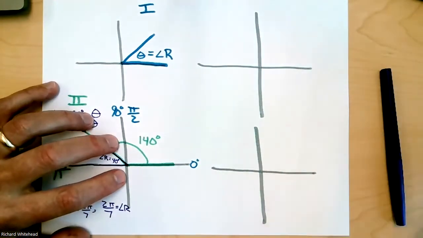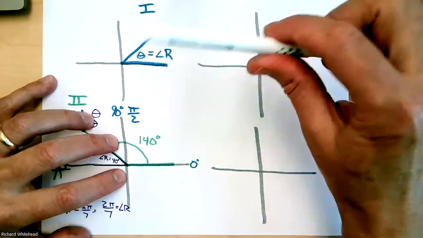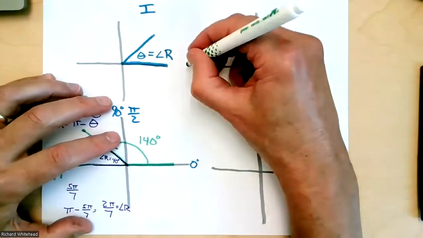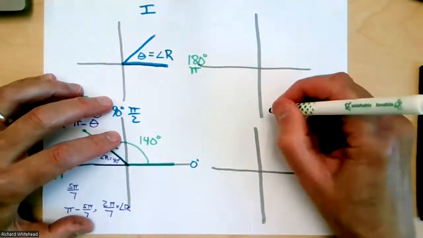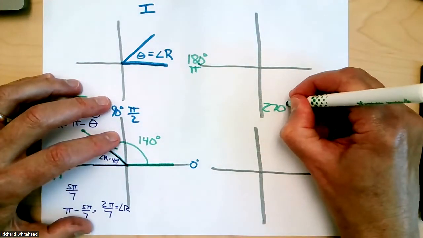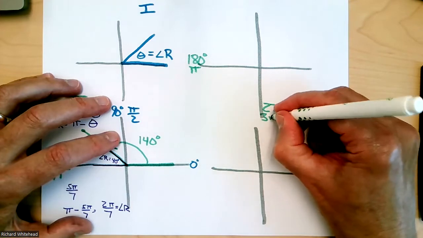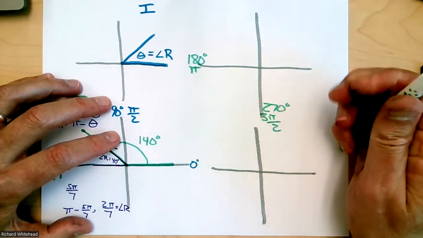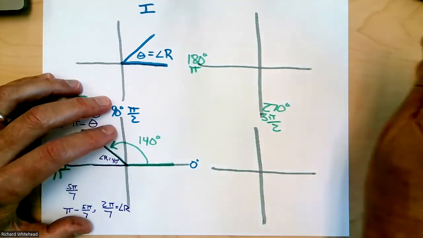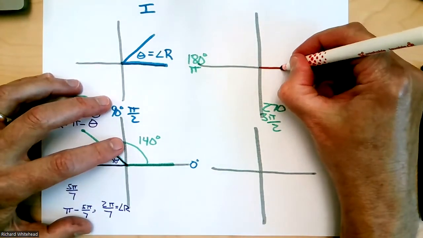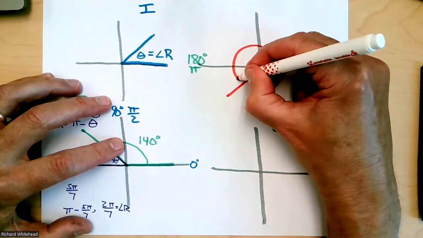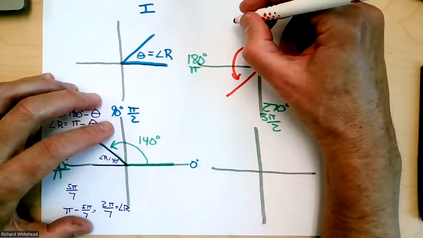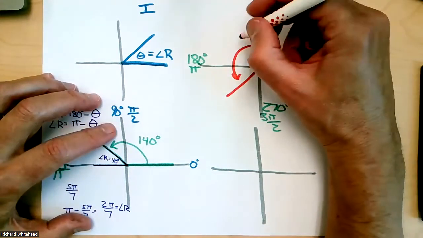Okay. All right. So what if I'm over here? What if I've got a third quadrant? See here, this is 180 degrees, which is also pi. This is 270, which is 3 pi over 2. So if I had an angle that went all the way into the third quadrant, here's my angle theta.